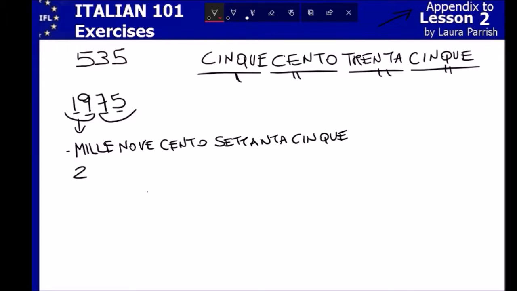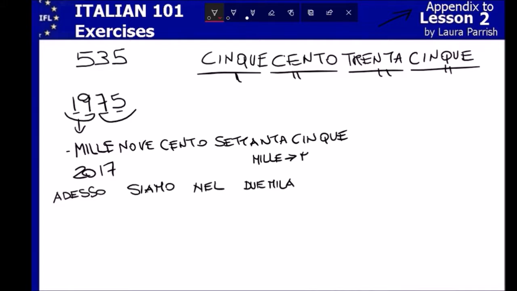Now we are in 2017, okay? So let's say in Italia, adesso, now, siamo, we are, nel, this is a preposizione articolata that we're going to study in the next lesson, siamo nel 2000, because 1000 singular is mille, while the plural is irregular, it is mila.